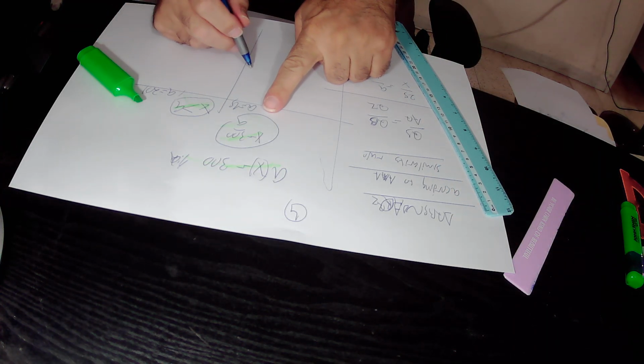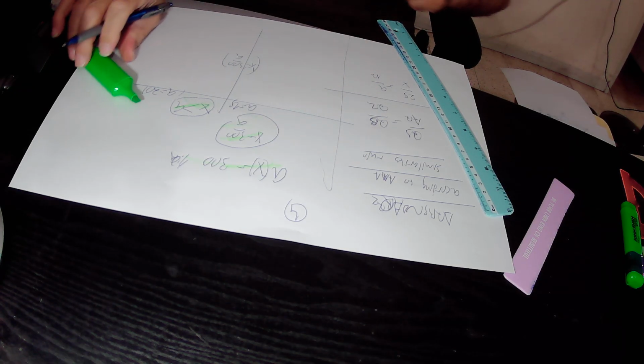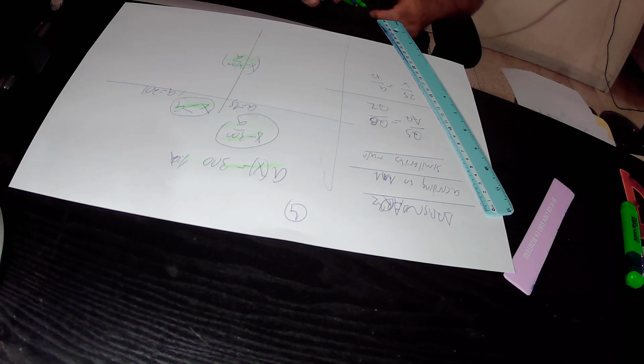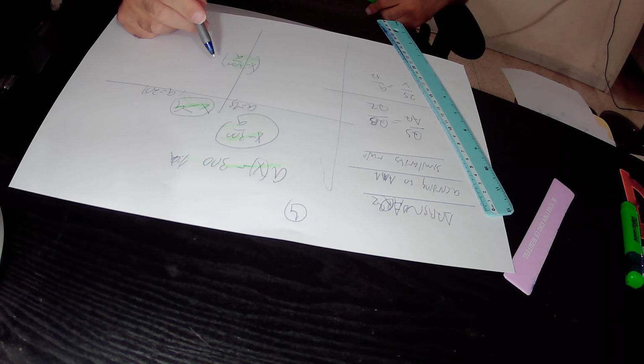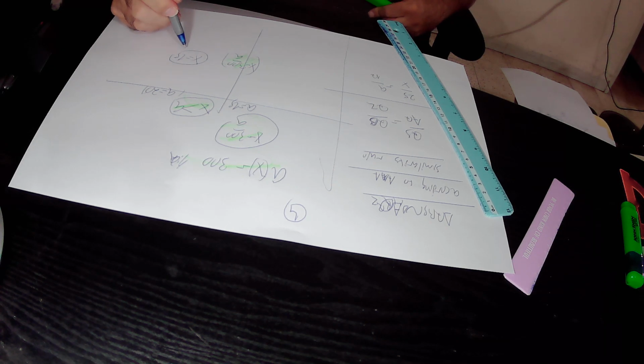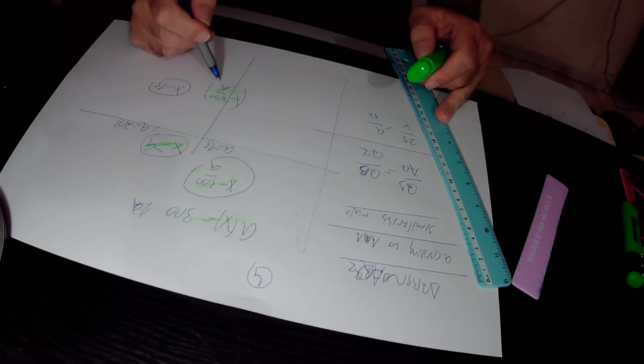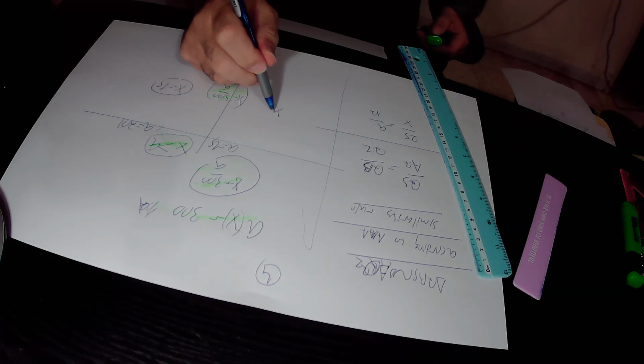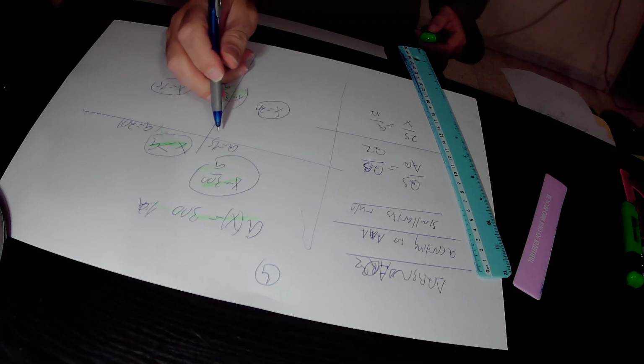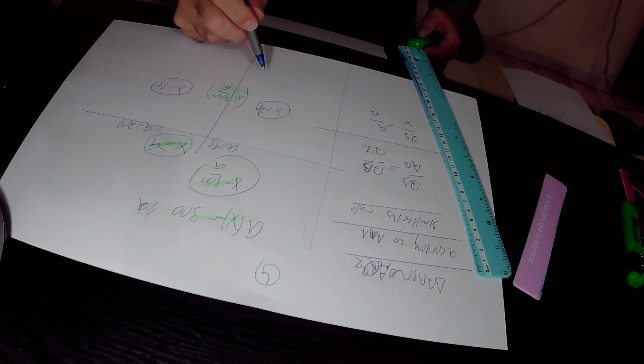And we already found out that X equals 300 over A. If A equals 20, then X must be equal to 300 over 20, that is 15. Likewise, if A equals 15, then X must be equal to 300 over 15, that is 20.